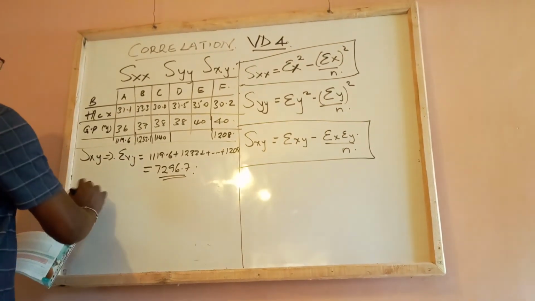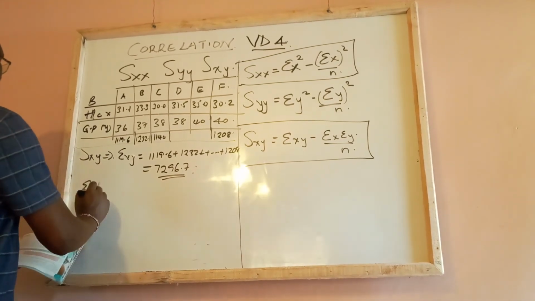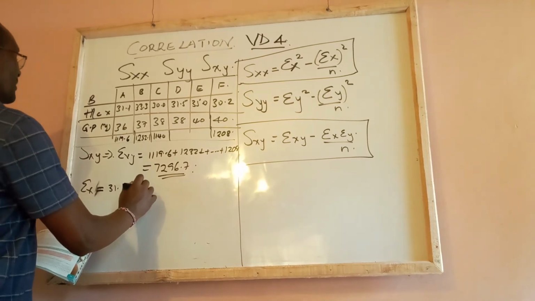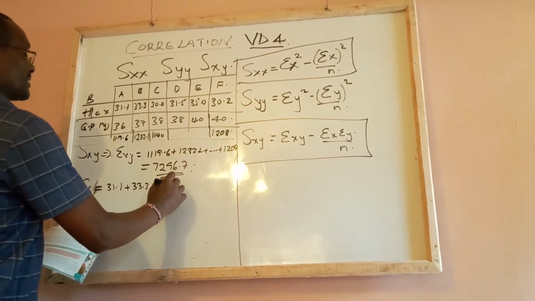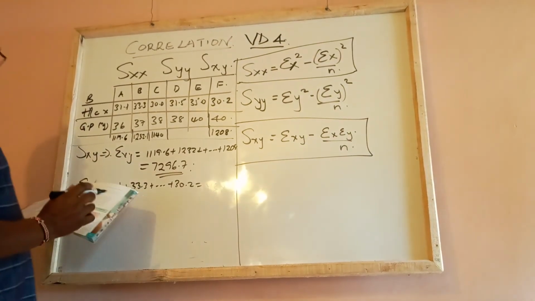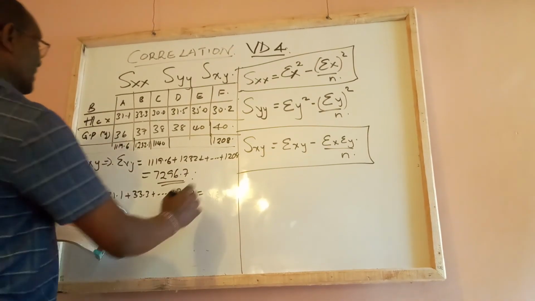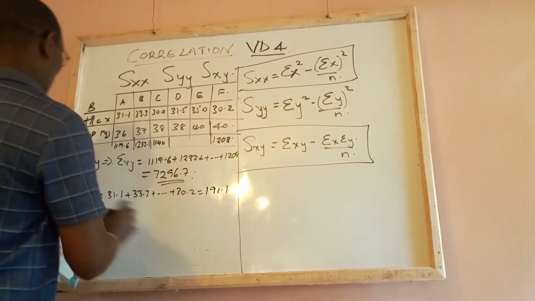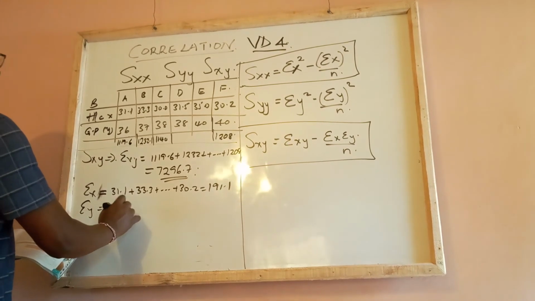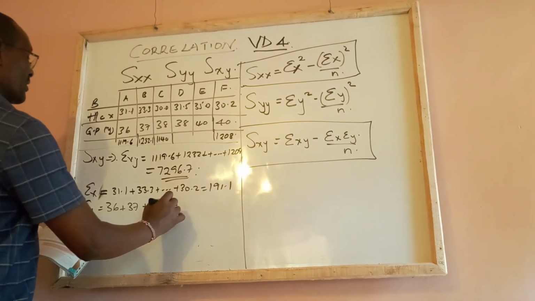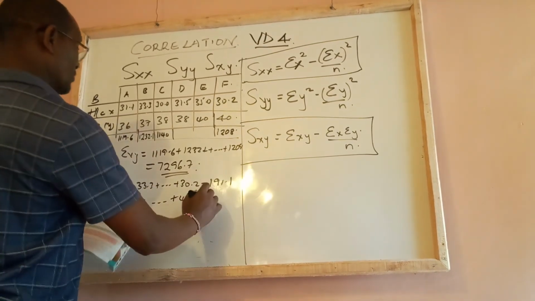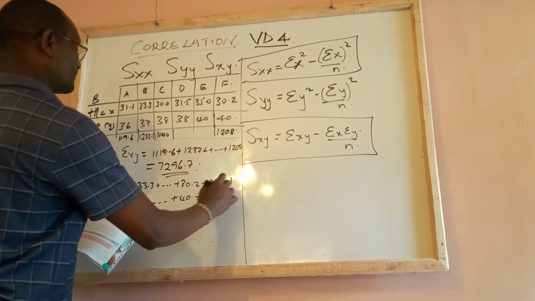Sigma x is 31.1 plus 33.3 plus all the way plus 30.2, which gives us 191.1. What about sigma y, which is 36 plus 37 plus all the way until plus 40, which gives us 229.